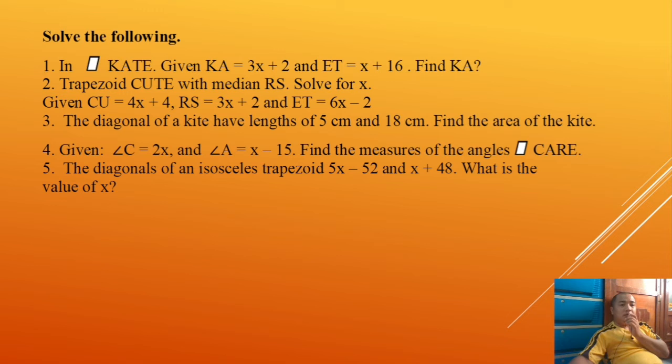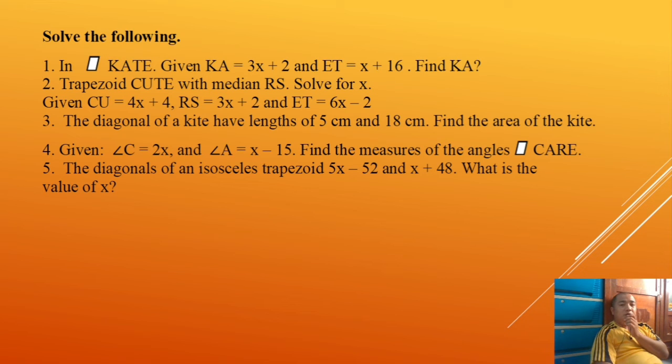Okay, exercises na tayo. Number 1. In parallelogram KATE, given KA equals 3x plus 2 and ET equals x plus 16, find KA. KA, so what are these? Are they opposite or consecutive? KA, TE.